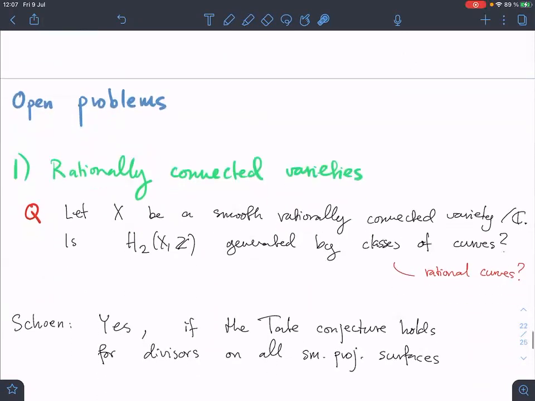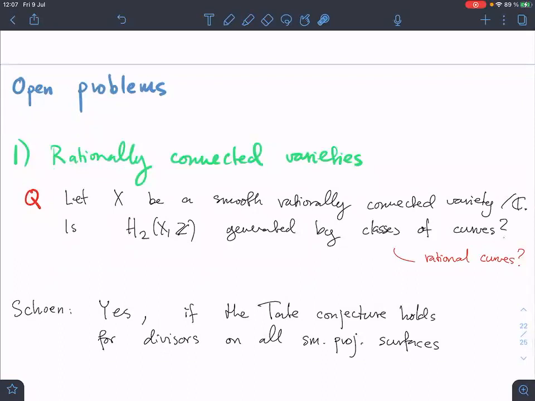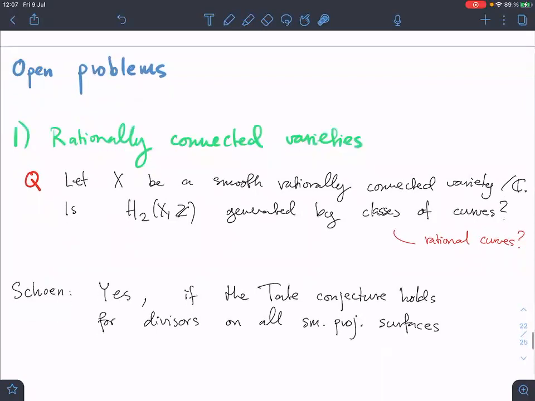So one is for rationally connected varieties. The question is, if you have a rationally connected variety over the complex numbers, is it true that H2 is generated by classes of curves? Of course, you have a rationally connected variety, and the question is whether you could use those rational curves to generate this H2. This is a very hard problem, I think.